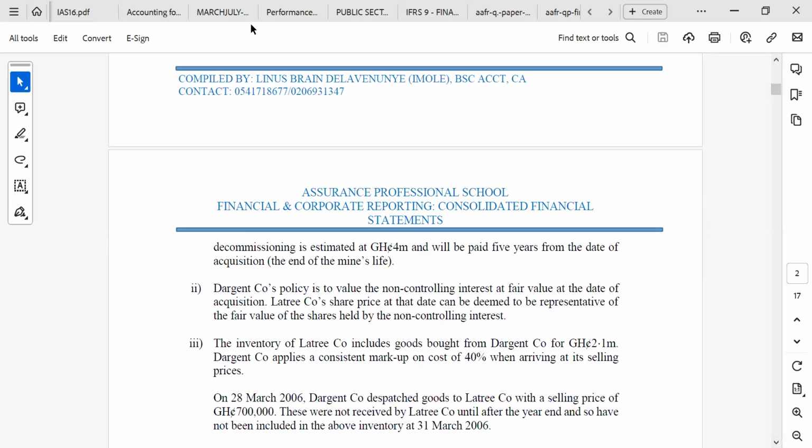Let's go to the Roman number 2. Diligent Co's policy is to value non-controlling interest at fair value at the date of acquisition.